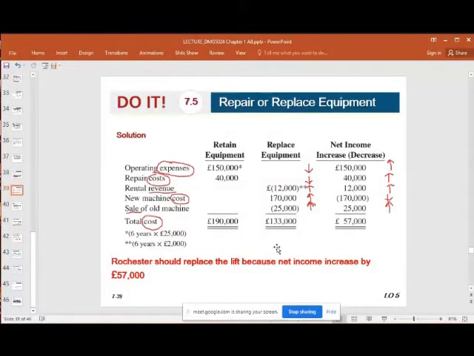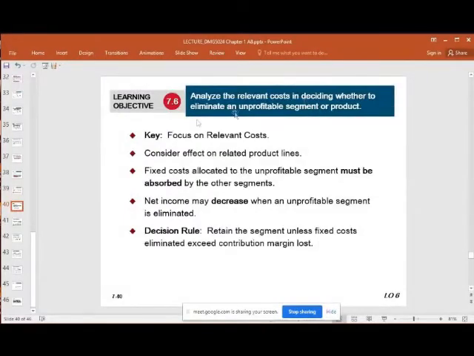No? Okay, so we go to our last one. The last one is to eliminate or to continue an unprofitable segment or product. The key is to focus on relevant cost, and fixed costs allocated to the unprofitable segment must be absorbed by other segments.